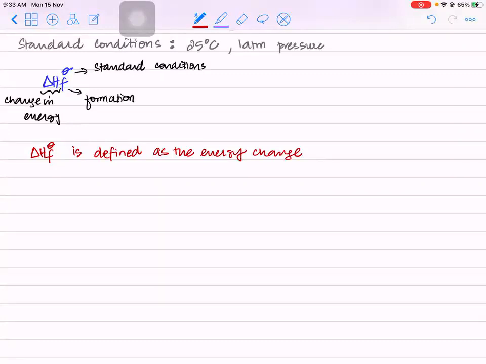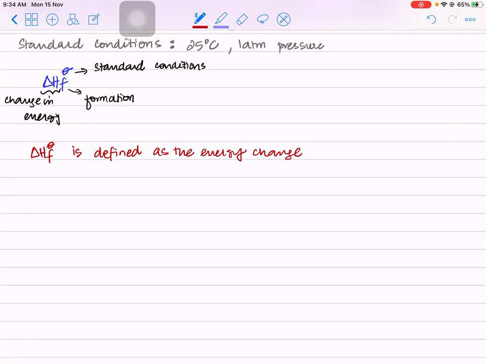If I say it is the heat absorbed, that means the energy change is endothermic. If I say released, that implies it would be exothermic. But if we say the energy change, that means it can be exothermic or endothermic.